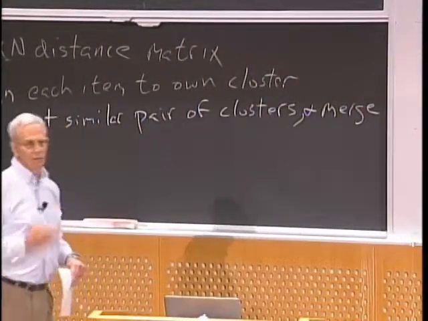So if we look here, and we start, we'll have 6 clusters, 1 for each city, and we would merge the 2 most similar, which I guess in this case is New York and Boston. Hard to believe that those are the most similar cities, but at least by this distance metric, they're the closest. So we would merge those 2.